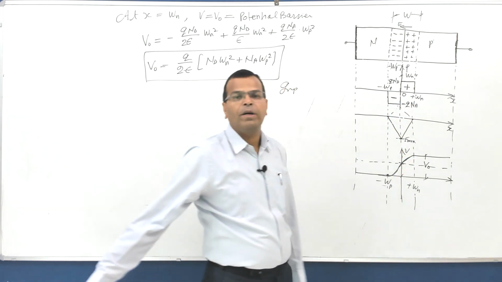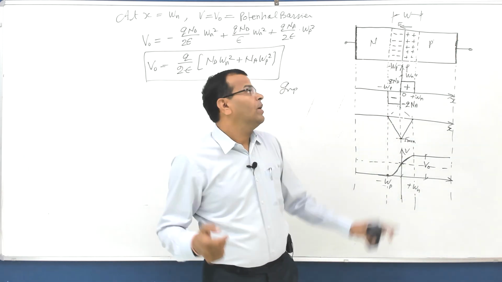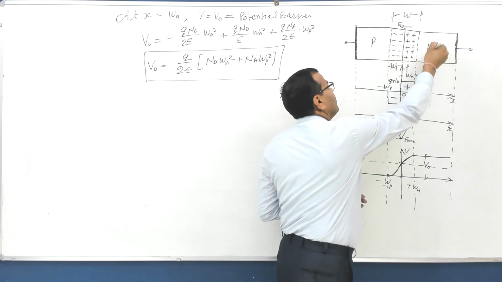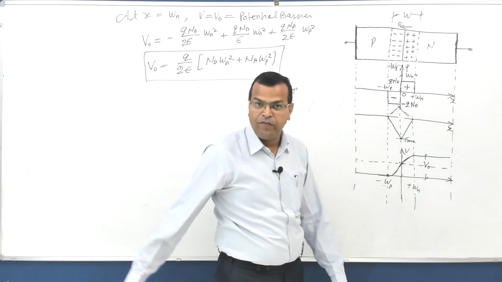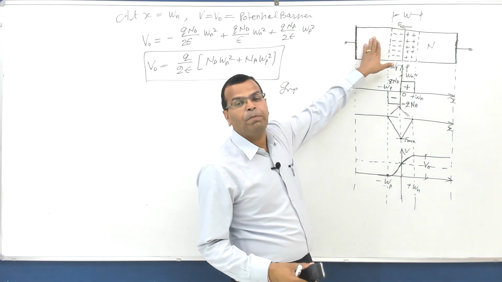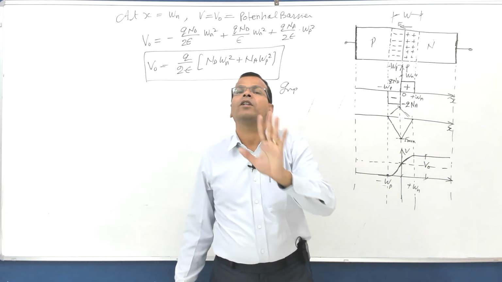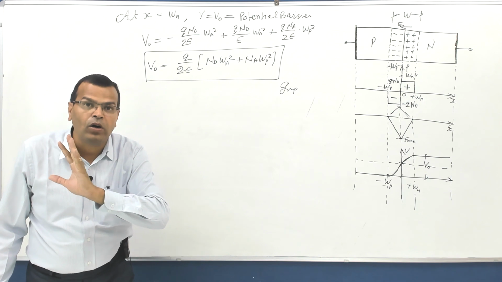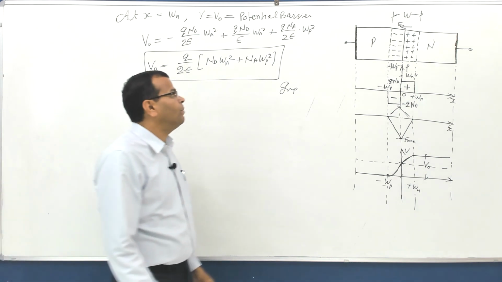If it is given like this, you are placing P on the negative x-axis, and if you are given this electric field, N is placed on the negative x-axis and P on the positive x-axis. Otherwise all the mathematical relations are unaltered and remain the same. That's it. I hope the concept is clear.